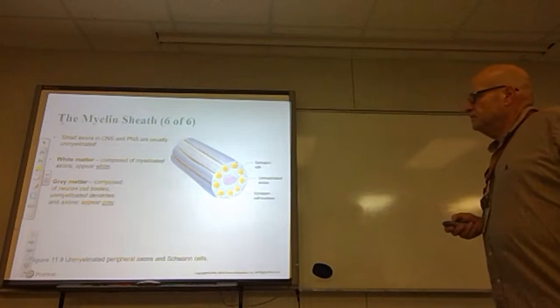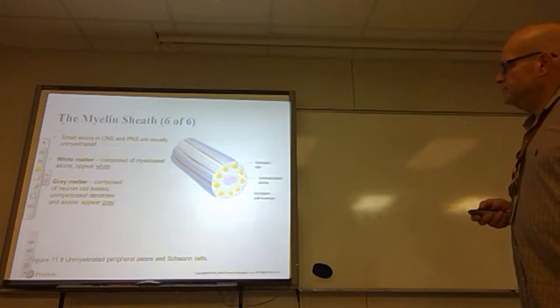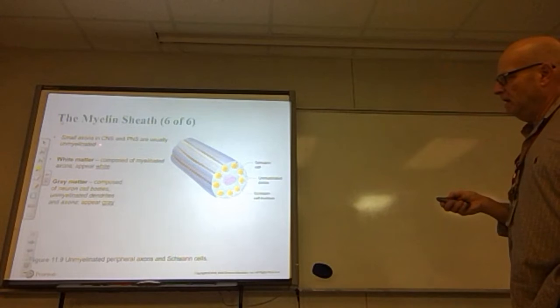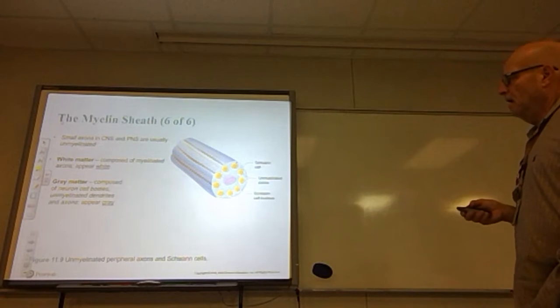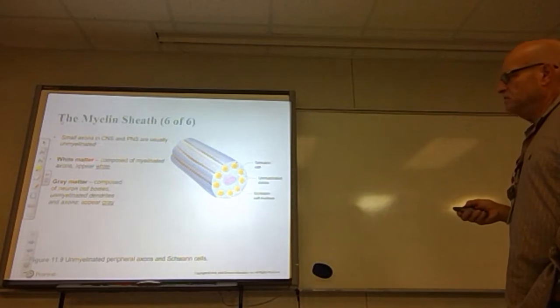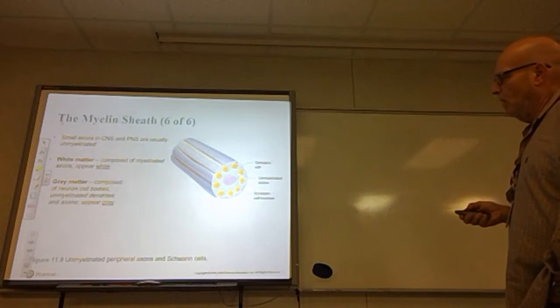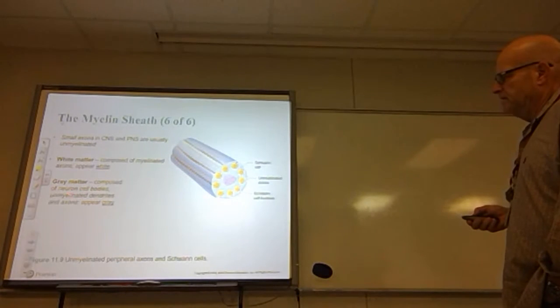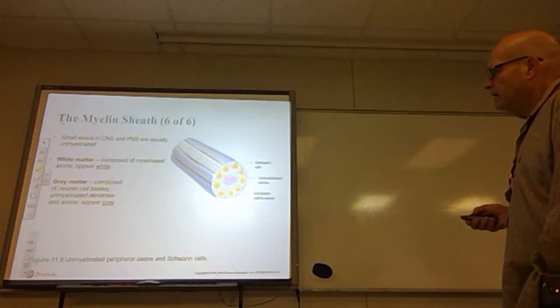Small axons in the central nervous system and the peripheral nervous system are usually not myelinated, so they are referred to as being unmyelinated. White matter is composed of myelinated axons, which appear white. Gray matter is composed of neuron cell bodies. They are unmyelinated with unmyelinated dendrites, and they appear gray.